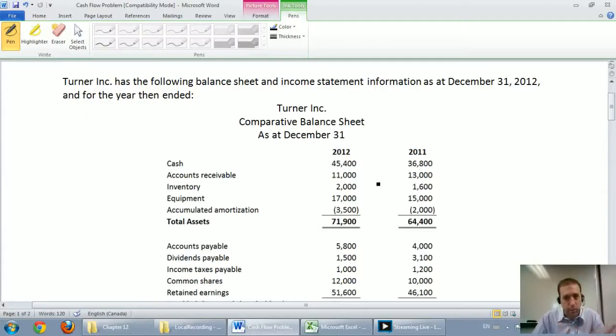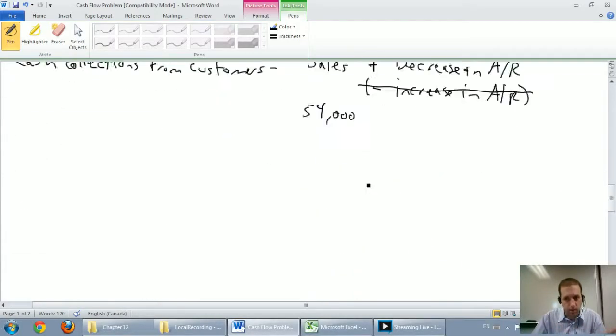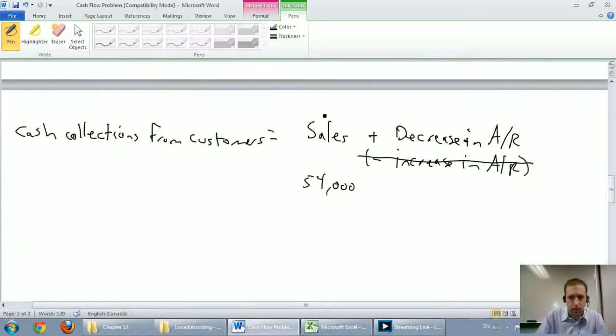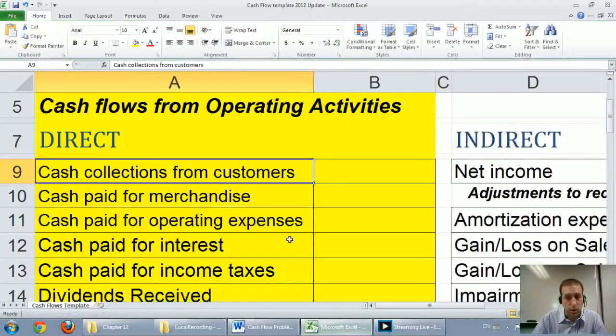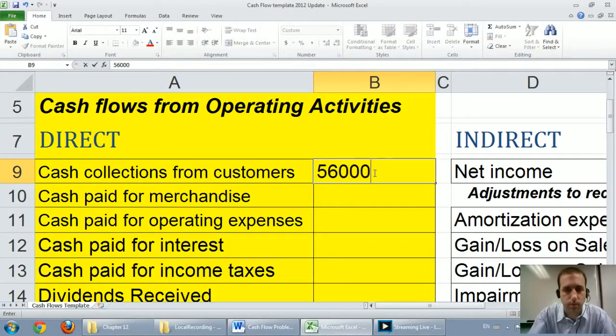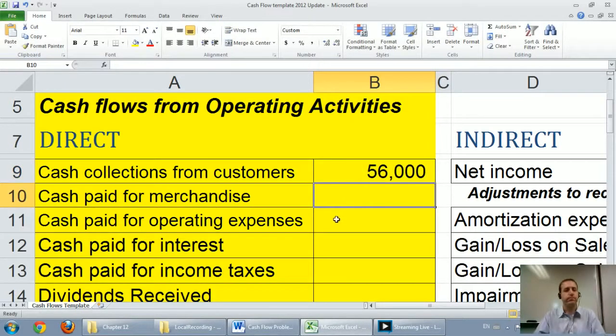Had it increased, I would subtract it, but because it decreased, I added. So 54 plus 2 is 56,000. I'm going to fill that number into my chart now. I'm going to fill that in. My cash collections from customers were 56,000.